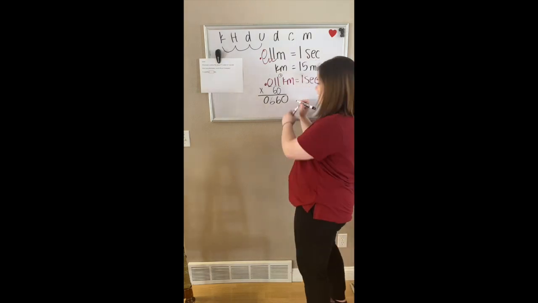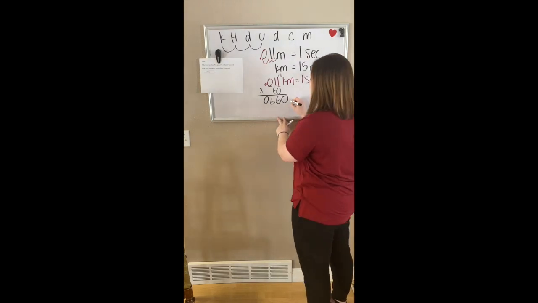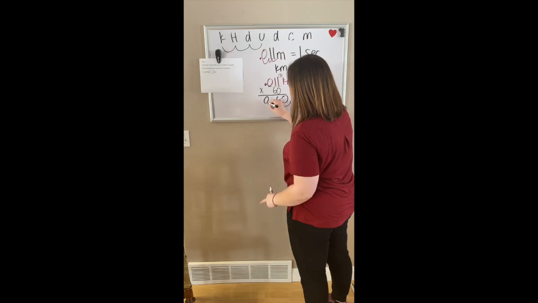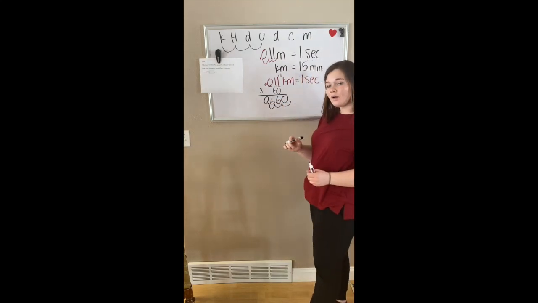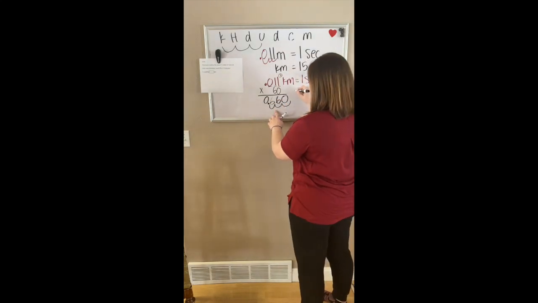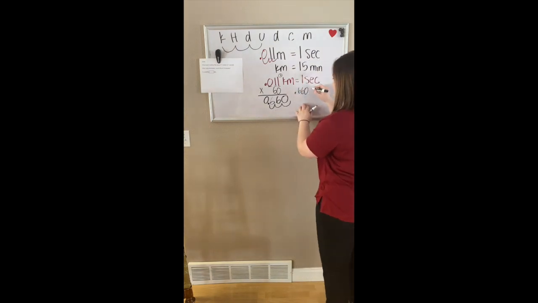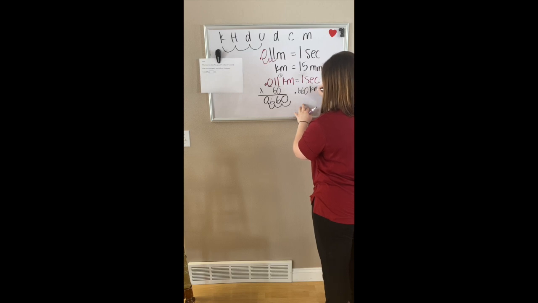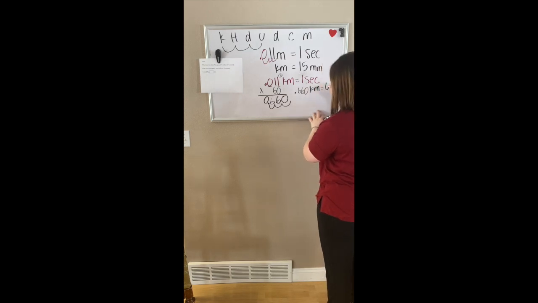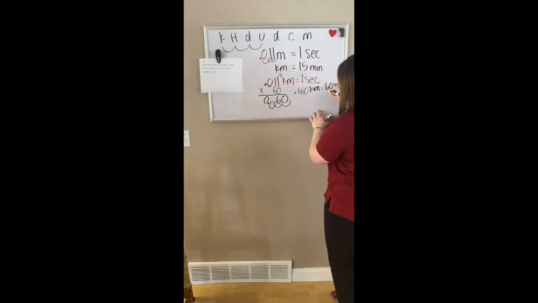So I go from the far right side, I go whoop, whoop, whoop, and I put my decimal. So now I know that 660 thousandths kilometers is equal to 60 seconds, which is also a minute.